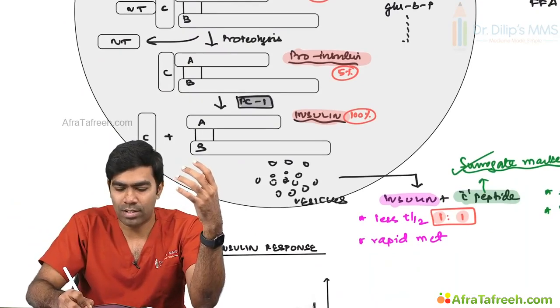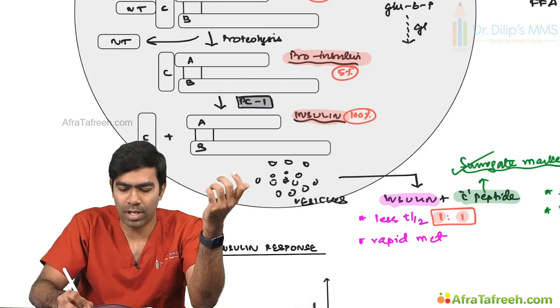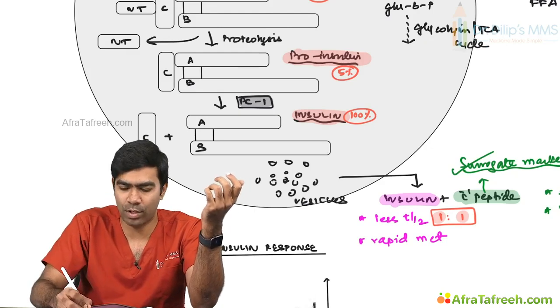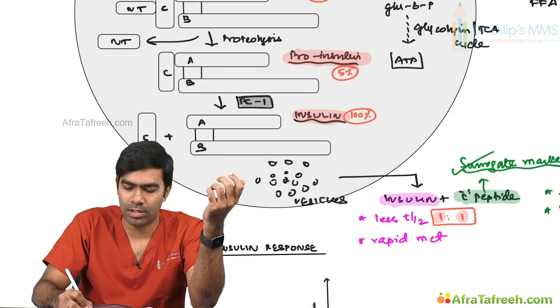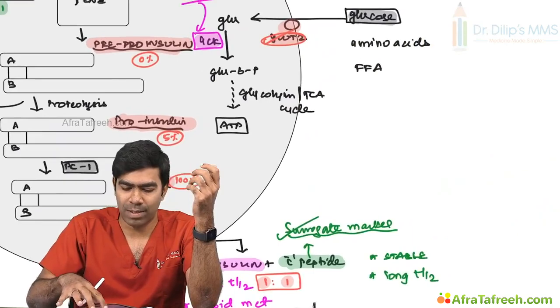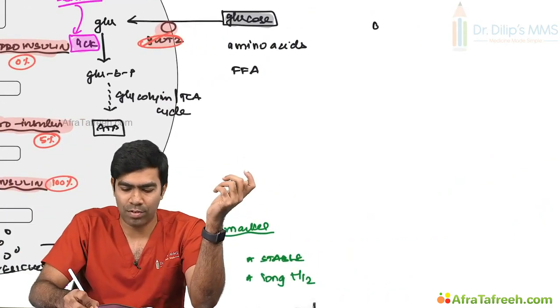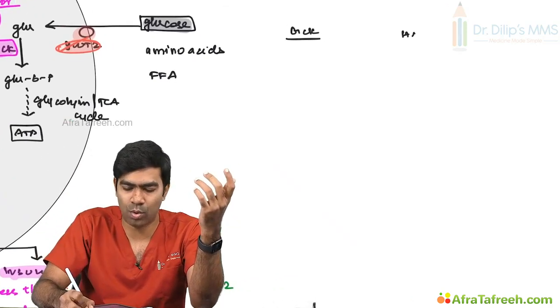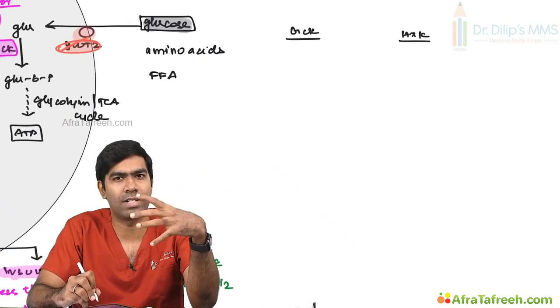Later on, this glucose 6-phosphate will be taken into glycolysis and the Krebs cycle, the TCA cycle, and they're going to generate a lot of ATP, which we'll be discussing subsequently. But what is the importance of this glucokinase enzyme? We have to see how different this glucokinase is from the routine hexokinases present in other tissues.